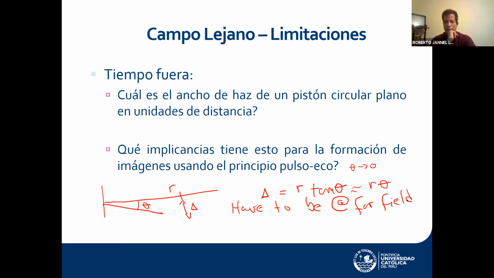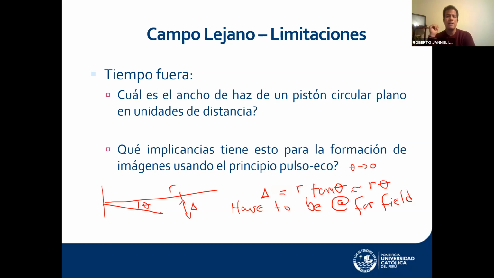And here is where you have that kind of annoying dilemma. If I want to have a narrow beam, I need to have a huge transducer. But if I have a huge transducer, in order for me to reach the far field, I have to go farther away than I would if I had a small transducer.